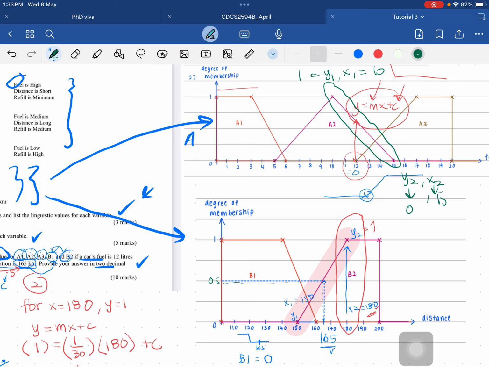So please substitute into y equal to mx plus c to find m first using y1 and y2, x1 and x2, and then calculate c. Then only you replace the value of 12 in x to get the value of y.